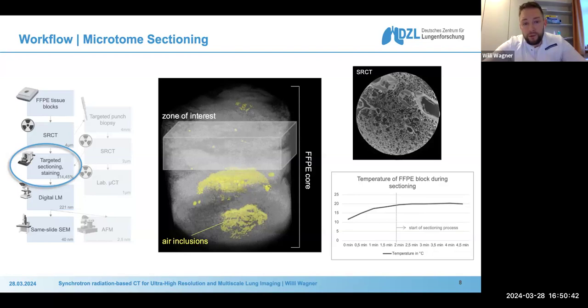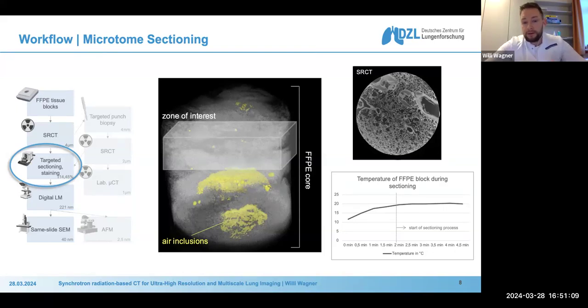And we usually identify regions where there are few air inclusions. If you have identified a region of interest and you want to get your histologic slice exactly from that region, you can do the calculations by looking at your FFPE block scan.